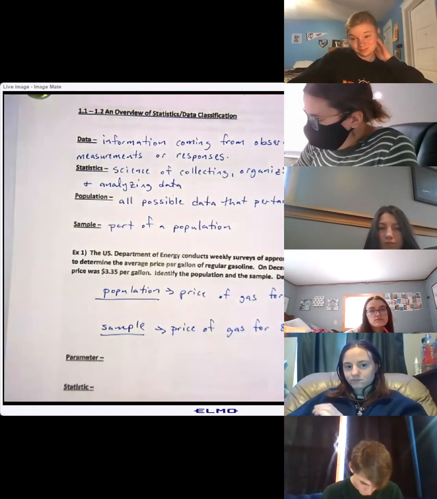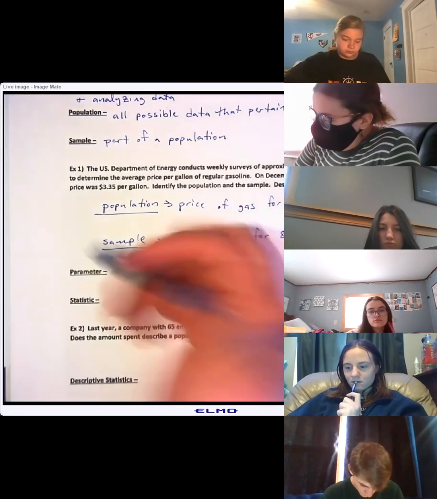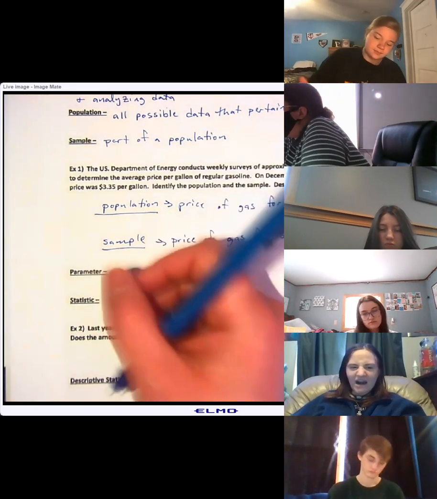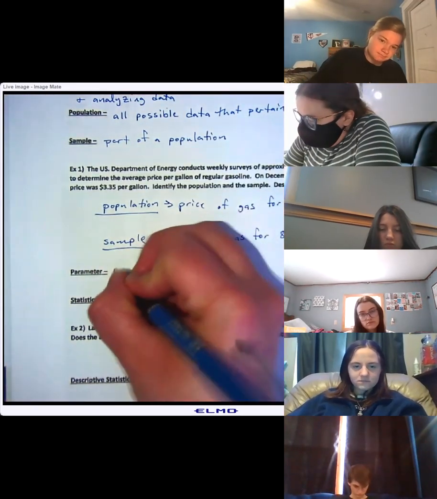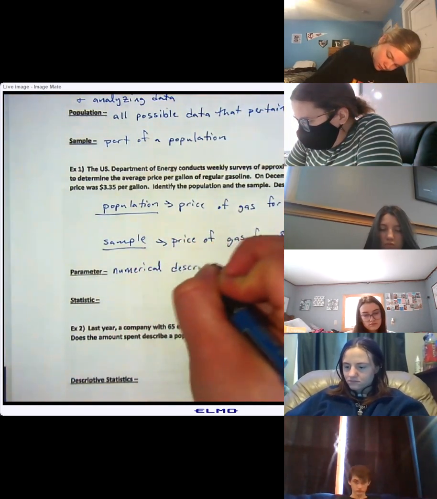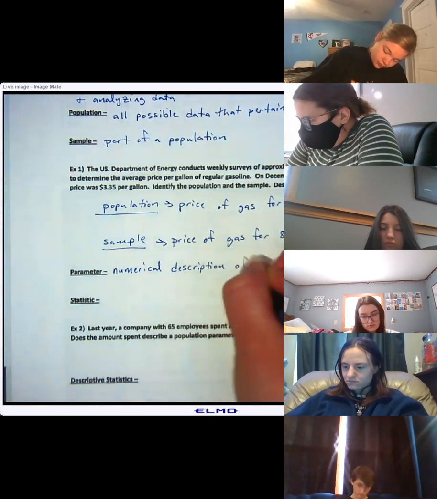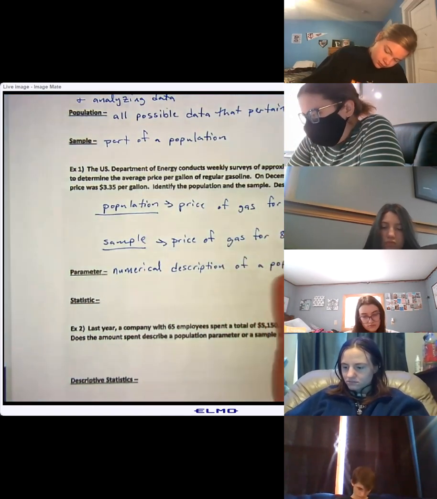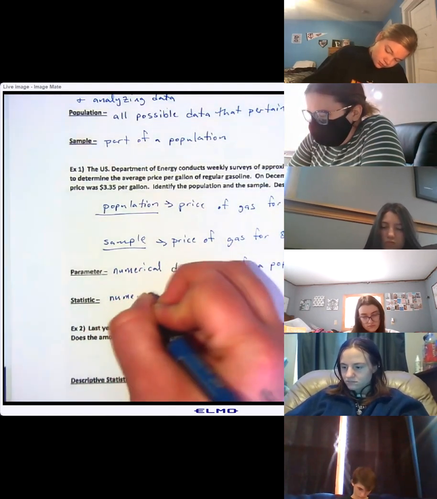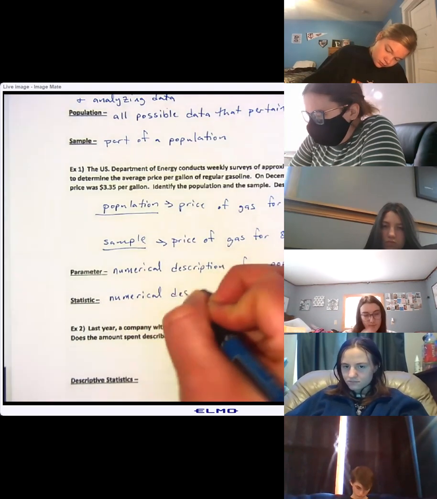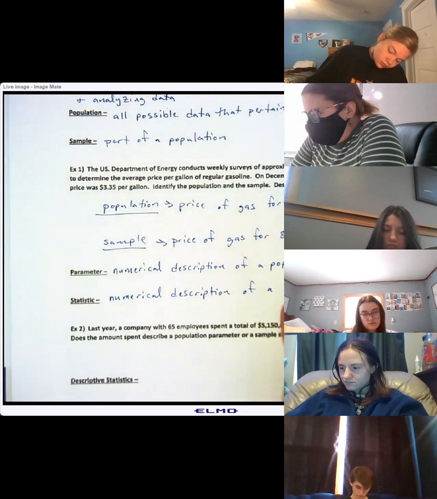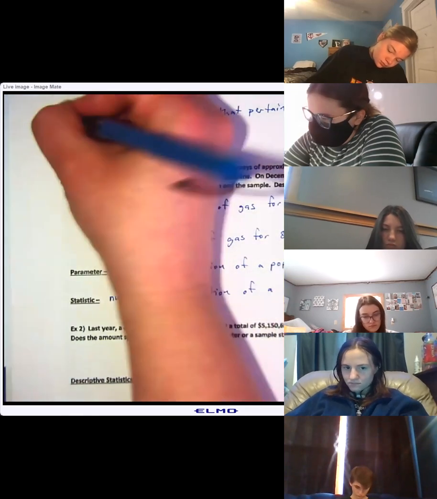Okay. Parameter and statistic. A parameter is a numerical description of a population, and a statistic is a numerical description of a sample.